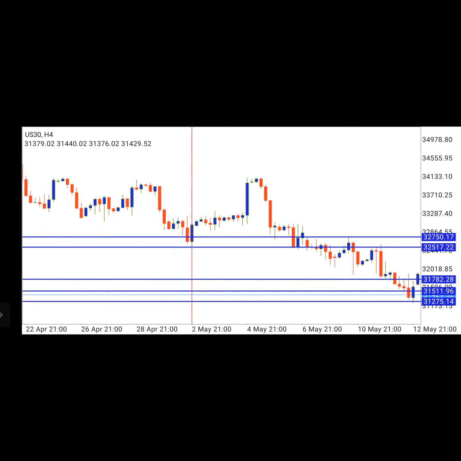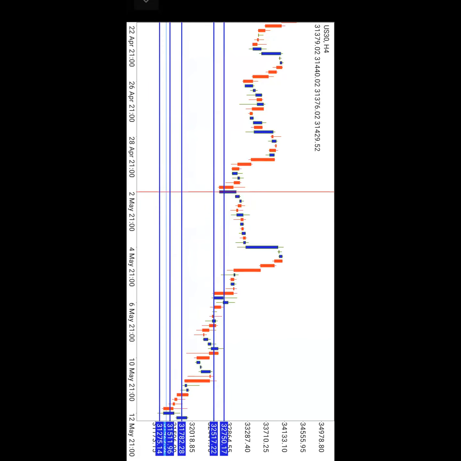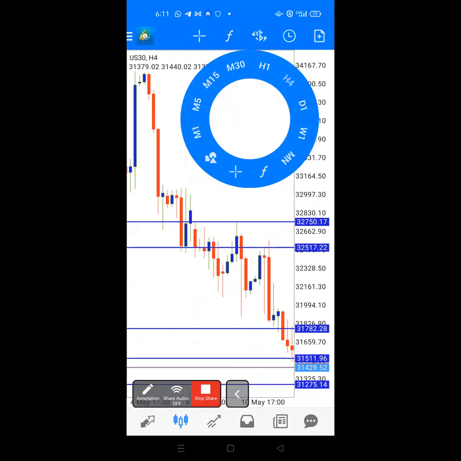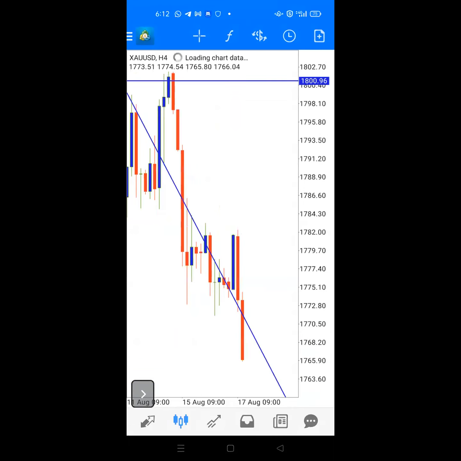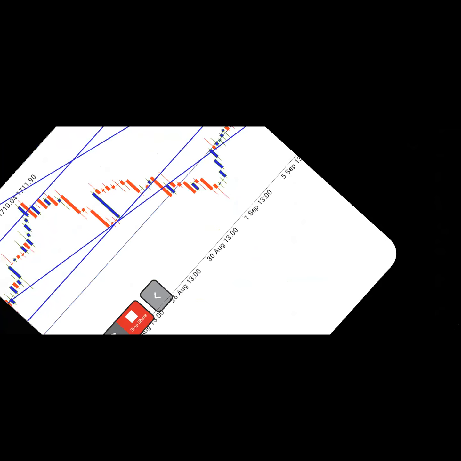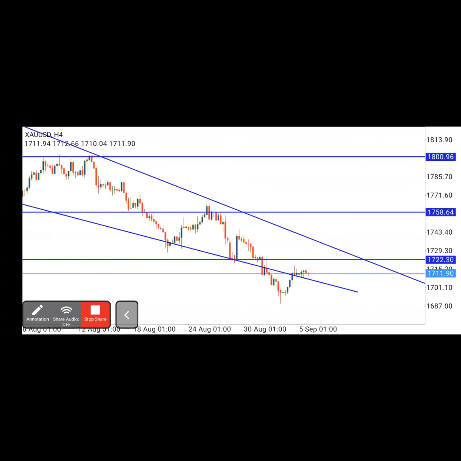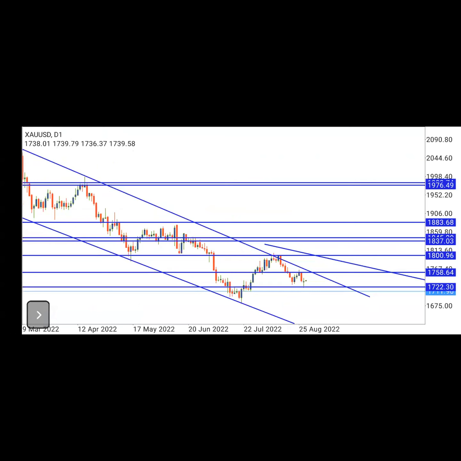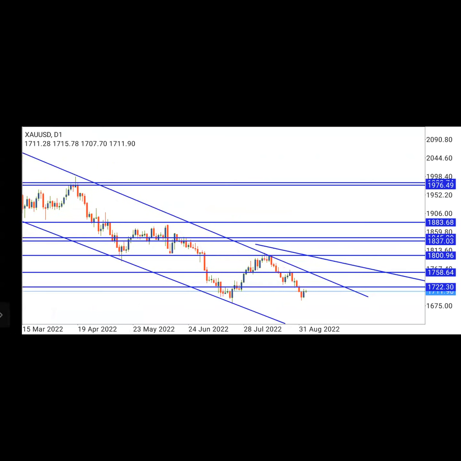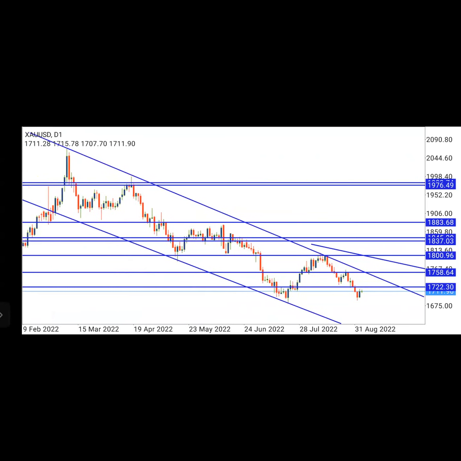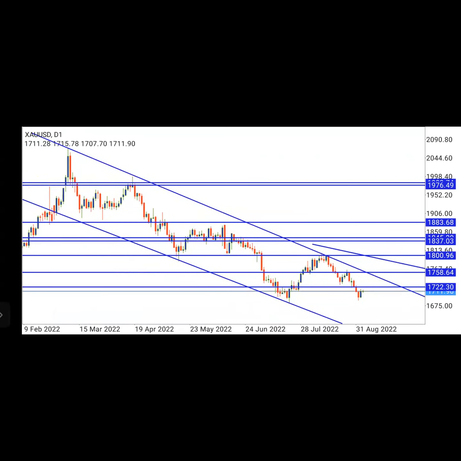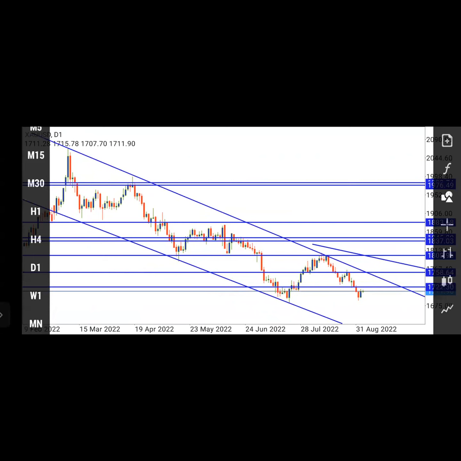This place you see plenty on gold. I've seen one bearish pin bar.